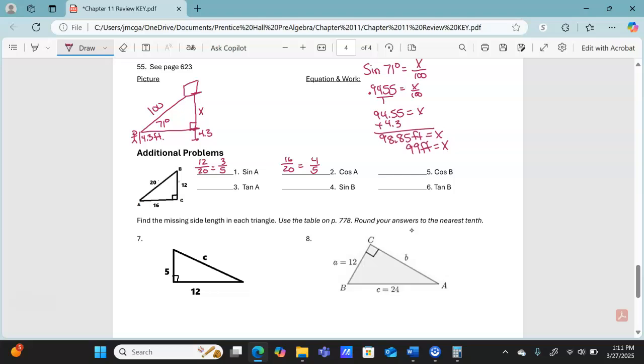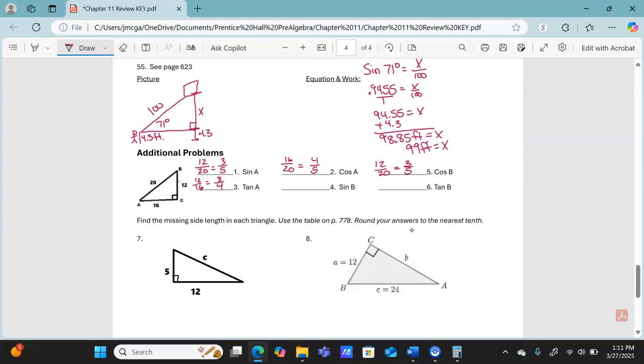Odd numbering pattern here. Going across, the cosine of B, so I've switched angles. So that's adjacent over hypotenuse, which would be 12 over 20, which will reduce to 3/5. And then the tangent of A, opposite over adjacent, 12 over 16, both divisible by 4, we get 3/4.